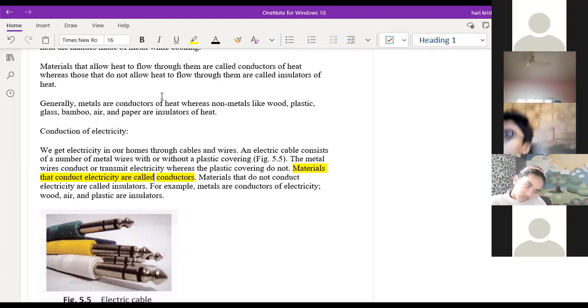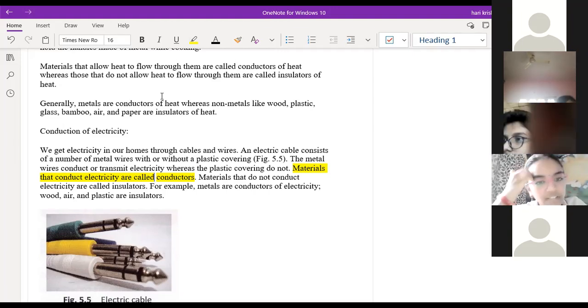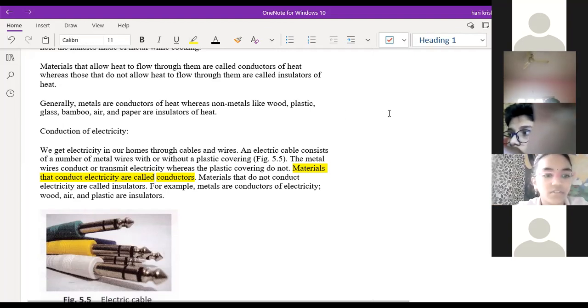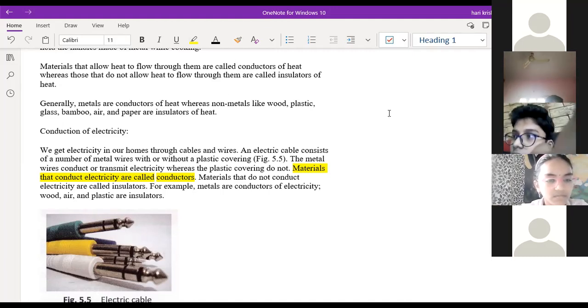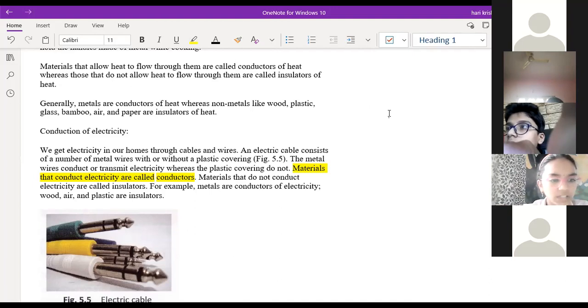Next, what about Lohini? What's your doubt? You raise your hand. Sir, can you repeat what you said about pure water? Okay. Suppose you take pure water and impure water. Impure water will conduct electricity more than pure water, because impure water contains impurities and salts, and those are responsible for the conduction.